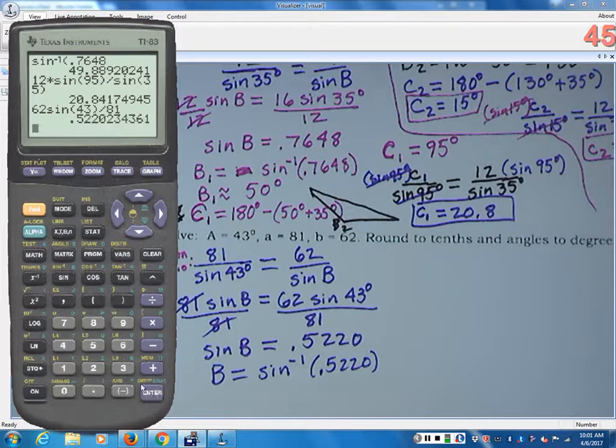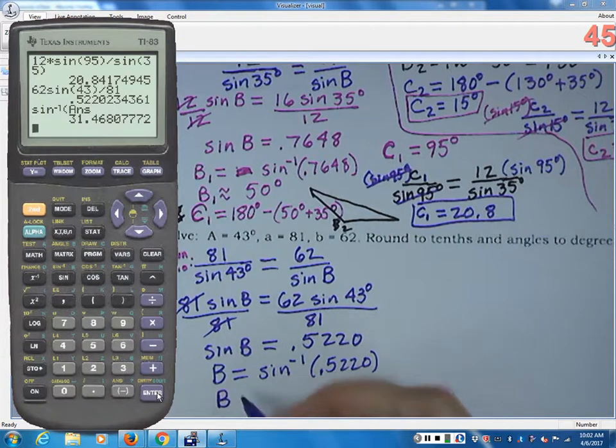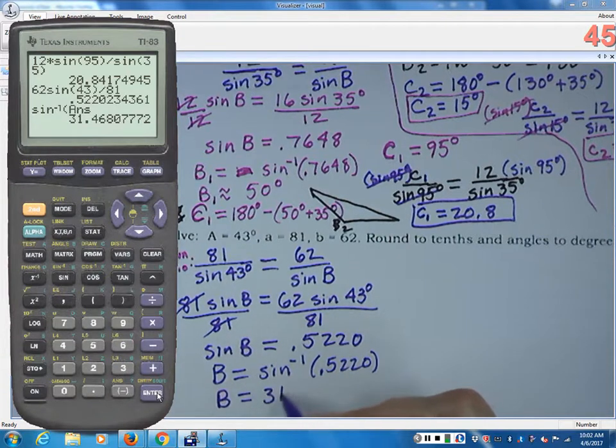Yeah, okay. I could do second sine inverse and keep all those places. But anyway, when I did that, and they wanted it to the nearest degree, I got B1 was, to the nearest degree, 31 degrees. It's not very accurate, but nearest degree. B equals 31 degrees approximately.